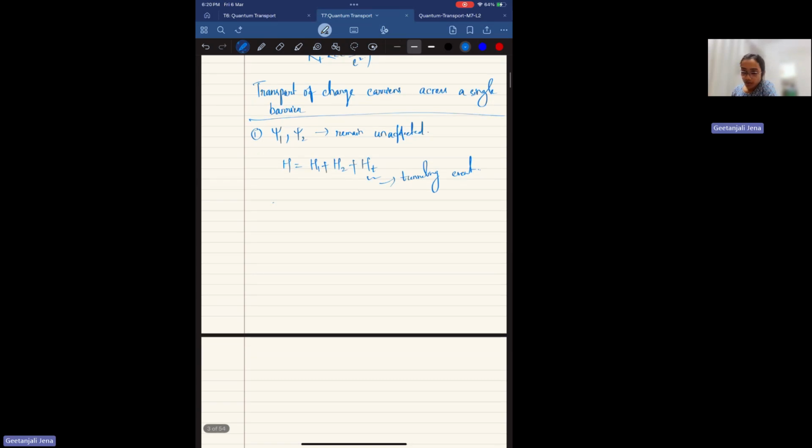So if you use the Fermi golden rule, we can calculate the transition probability from state i to state f. So the electron is traveling from source to drain through this tunnel junction. This is given by 2 pi by h cut, modulus of psi f, perturbative term, psi i, square, delta of E_i minus E_f.